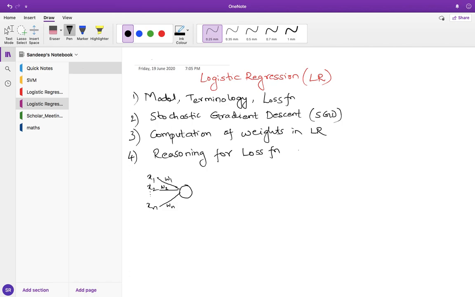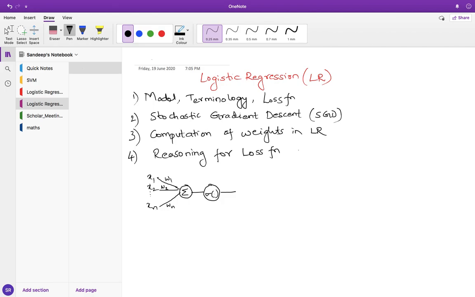The first operation is to multiply the inputs with the weights, and later you sum all the products. So it is a sum of products operation, and then you pass it through a non-linear function, here called sigma. Sigma is a nonlinear function, here a logistic function or a sigmoid function. I'll discuss that, and what you get as output is a probability of a particular class.